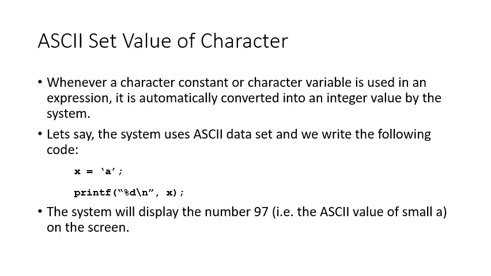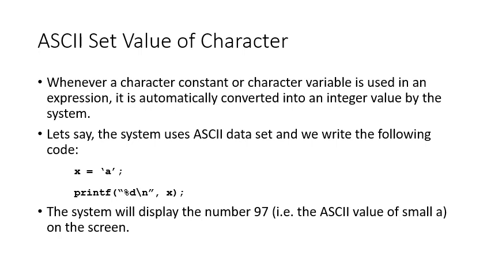%d is a numeric specifier. I want to print x, that is a, with the help of a %d specifier. The system will display the number 97, that is the ASCII value of a small a, on the screen. Instead of printing a, it's printing 97.